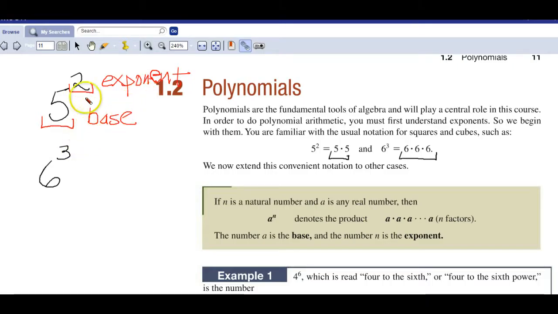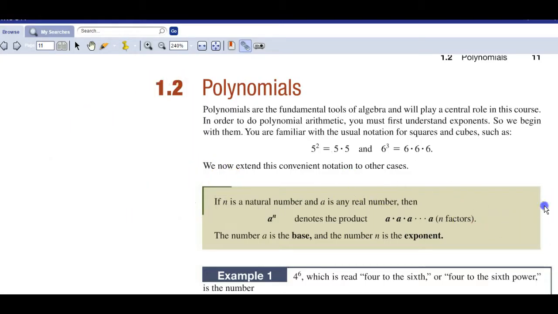Now, what again does this mean? Well, this base is multiplied by itself the number of times as indicated by the exponent, and they have it shown here. And this is one of our definitions. Now, there is terminology involved in this.